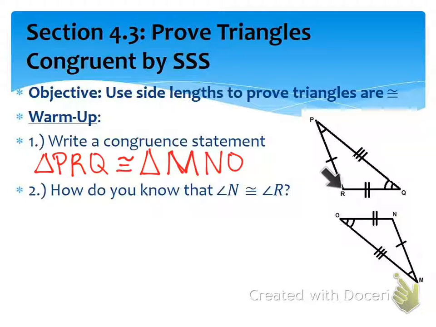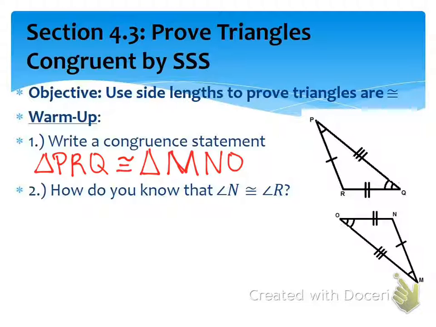We did PRQ, so when we start our second part of our congruent statement, we have to start with the angle that's congruent to angle P. That would be M. They both have one arc in them. Then the angle congruent to R would be N. And last, the angle congruent to Q is O. We have to go in a specific order for our second one.